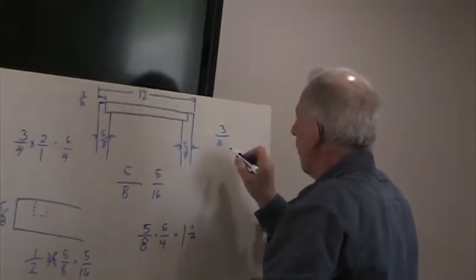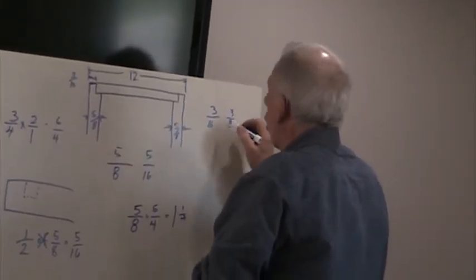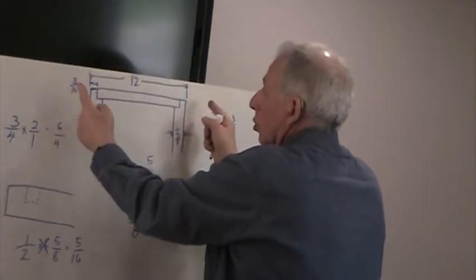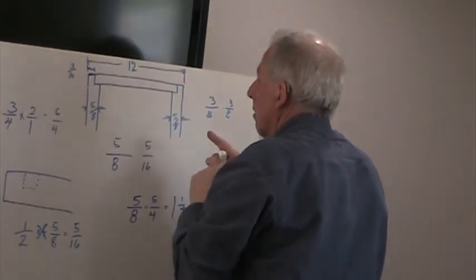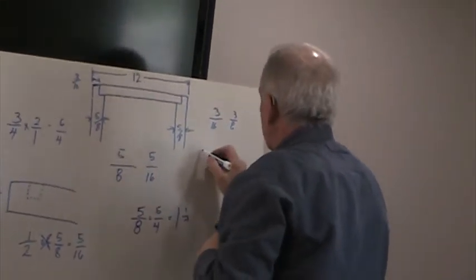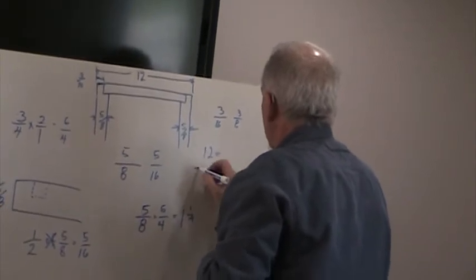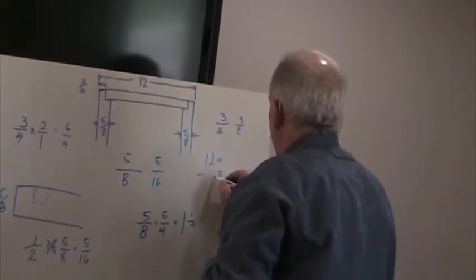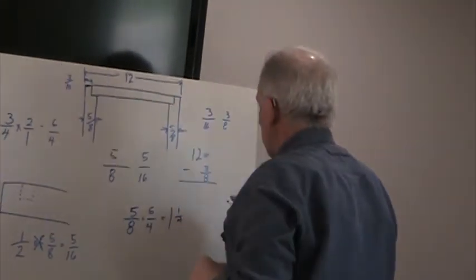If I want to double the fraction, I halve the bottom number. So 3/8 total material is going to be shorter than this. This is going to be 3/8 shorter. 3/16 here, 3/16 here. So now I have 12 inches, and I want to subtract 3/8 from it. Right? 2 3/16 together.